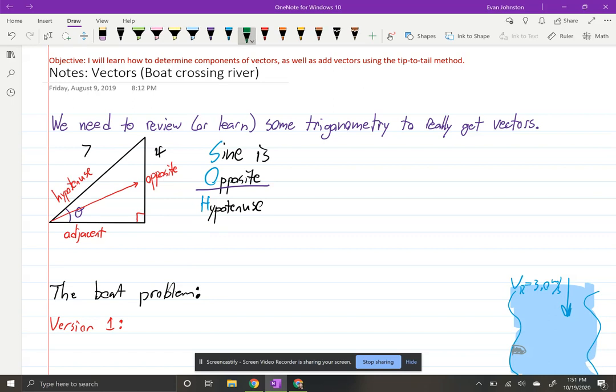Similarly, I'll start with green here for cosine. Cosine is adjacent over the hypotenuse.